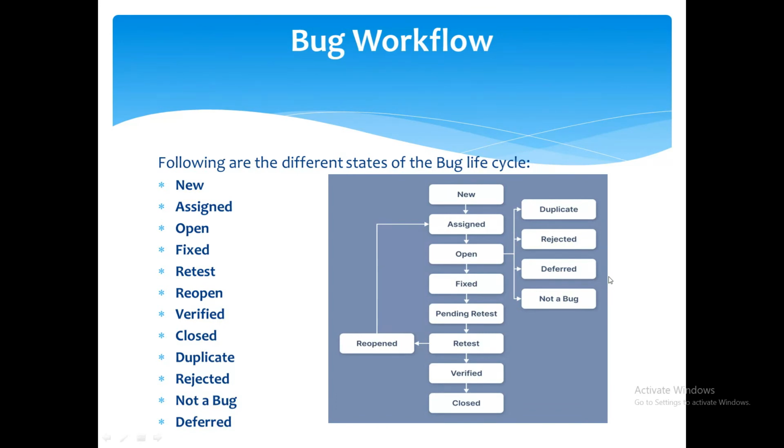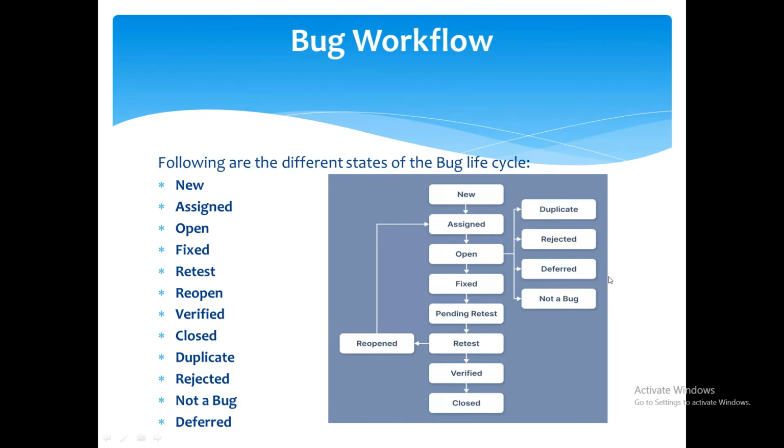The first stage in this diagram is new. In new, when a defect is logged and posted for the first time, its state is given as new. Second one, assign.